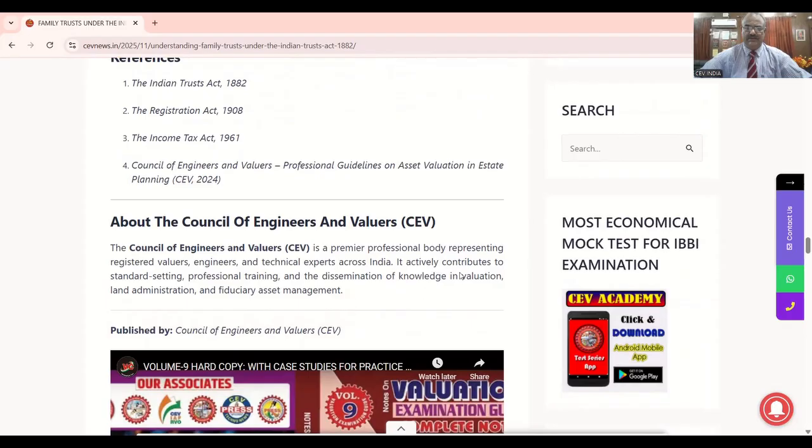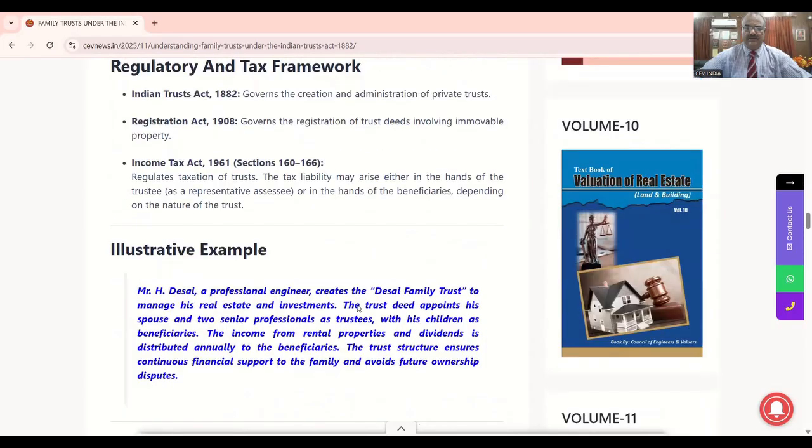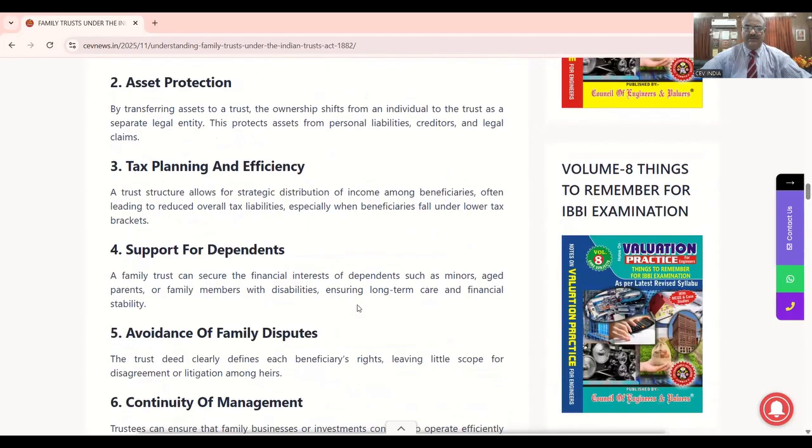It actively contributes to standards setting, professional training, and the dissemination of knowledge in valuation, land administration, and fiduciary asset management.